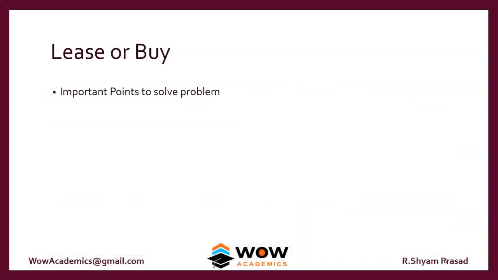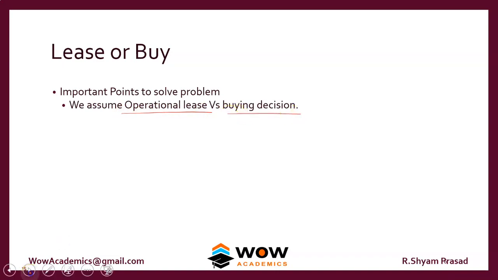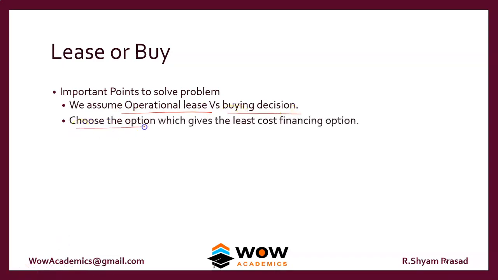There are some important points when we are trying to solve a lease or buy problem. Normally we have to assume an operating lease versus buying decision. Choose the option which gives you the least financing cost. Always use the after-tax cost of borrowing as a discount rate.